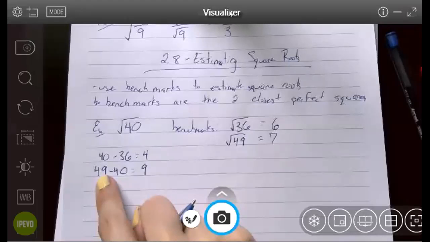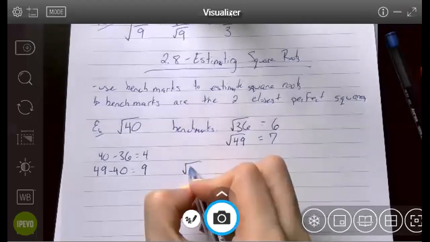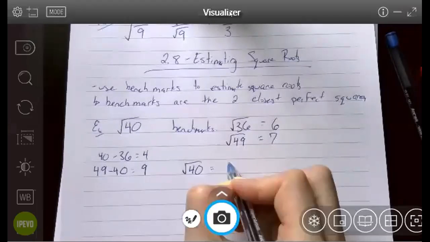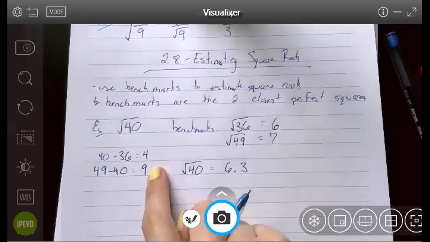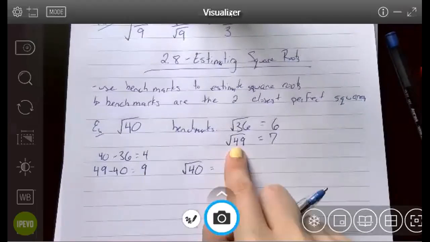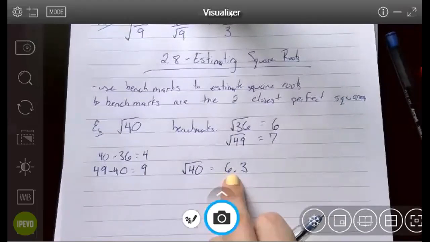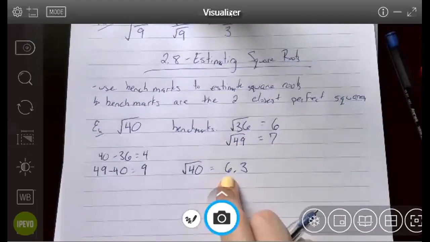And so we might estimate that the square root of 40 is 6.3. If 40 was exactly halfway between our two perfect squares, then it would be 6.5. If it was closer to the 49, it would be above 6.5. Because we are closer to the 36, we're going to go below 6.5, so 6.3.